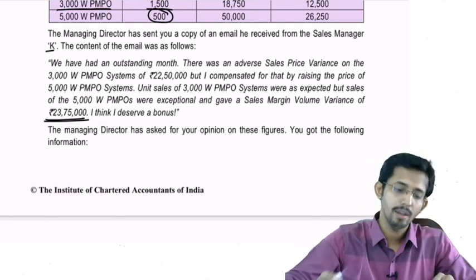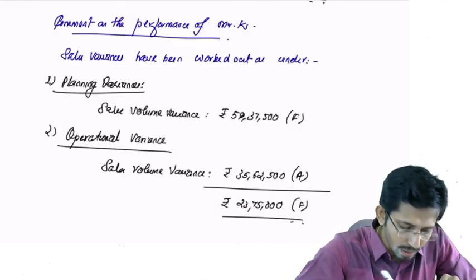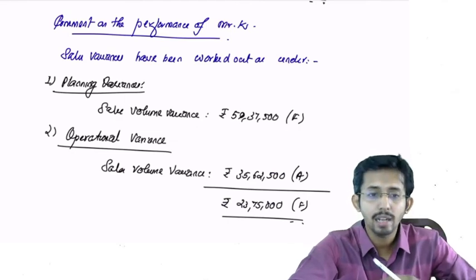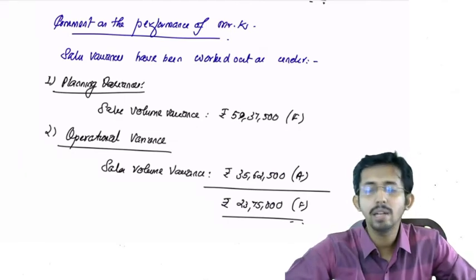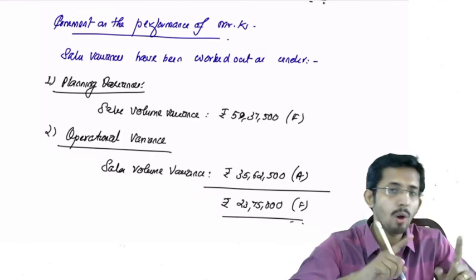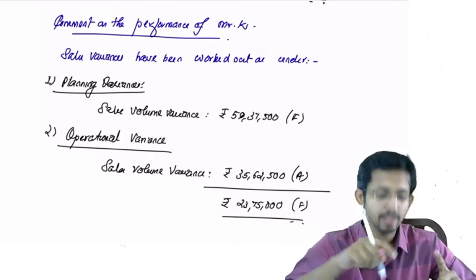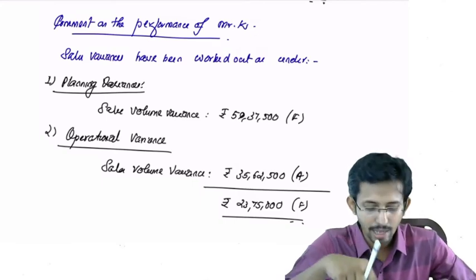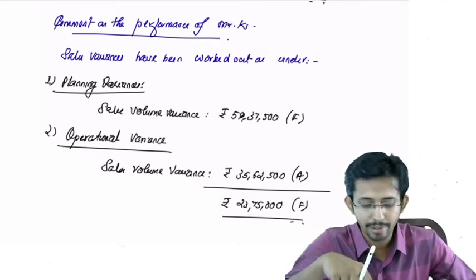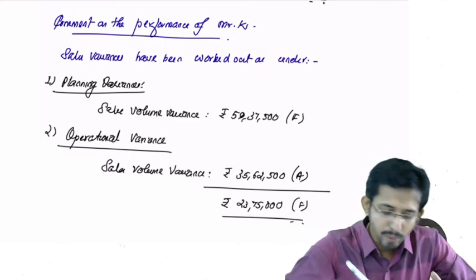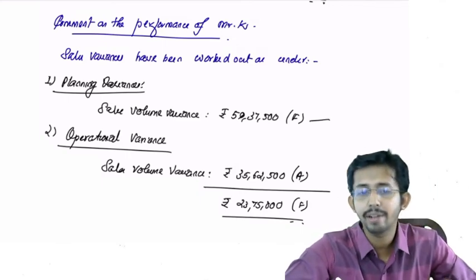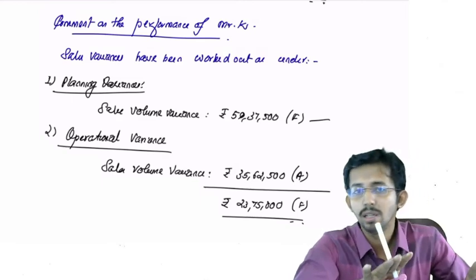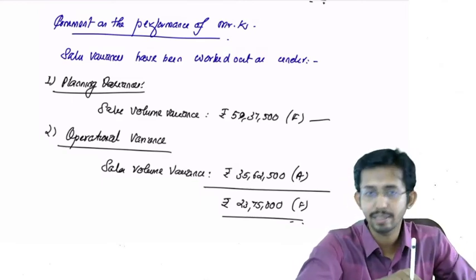But when you differentiate it into the planning and operational variance, you can find that actually this 23,75,000 is a net of, or after setting off, the figures of 59,37,500 favorable variance and 35,62,500 adverse variance. And for this 59,37,500 favorable variance, Mr. K cannot be held accountable, nor can he be given the credit.